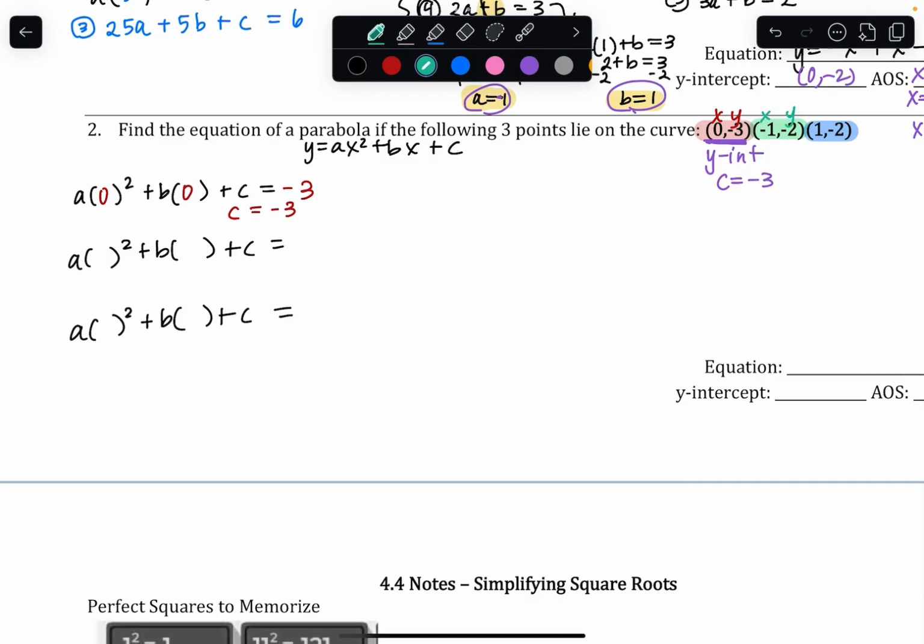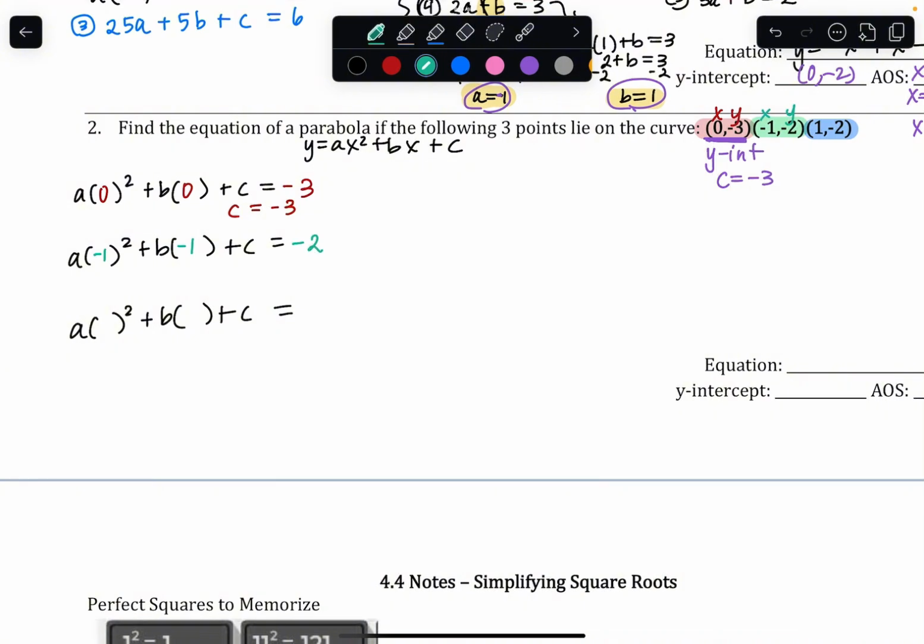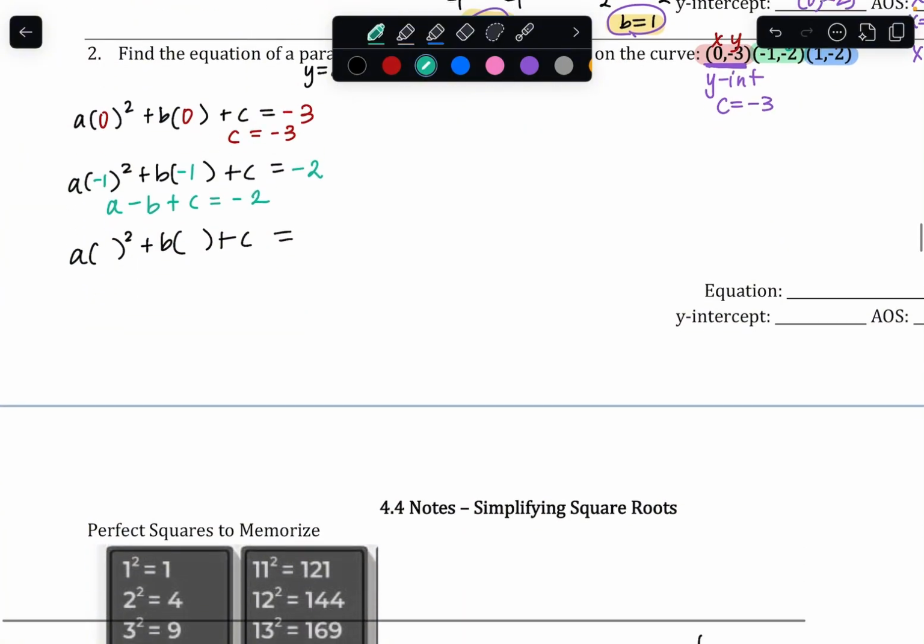In this next point, x is -1 and y is -2. -1 squared is just 1, so a, -1 times b is -b, and then plus c equals -2.